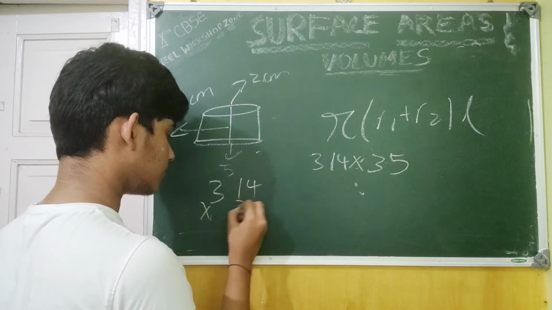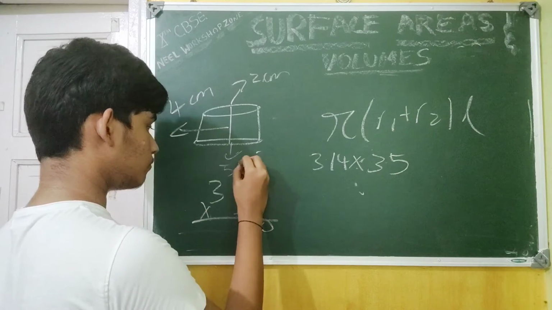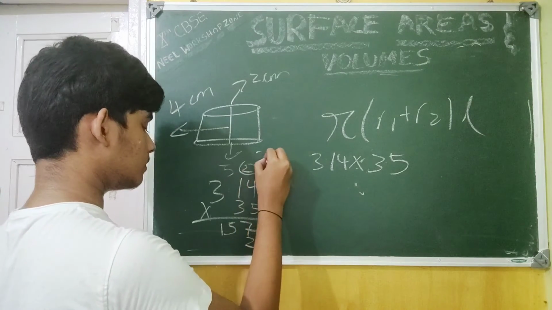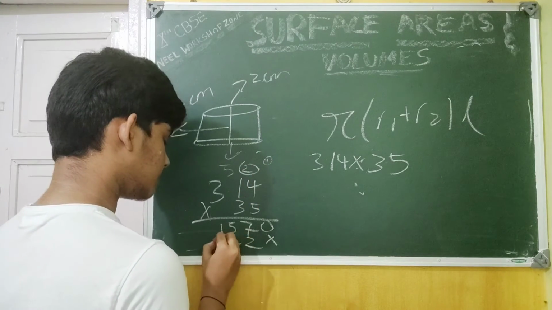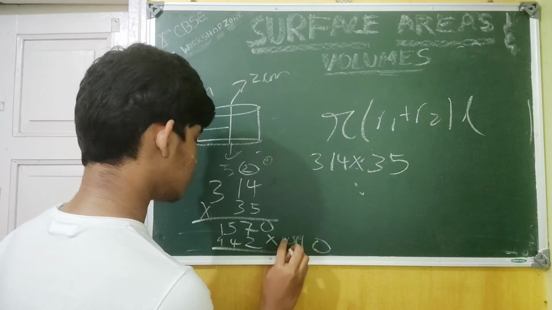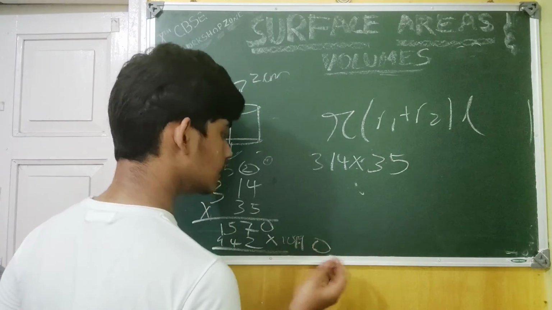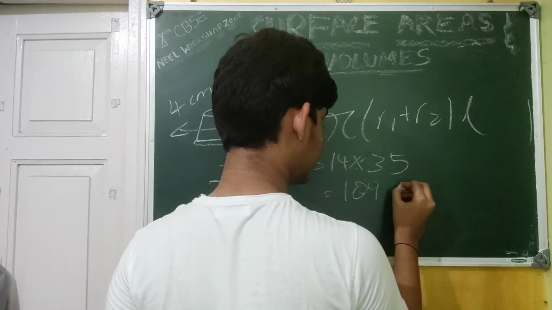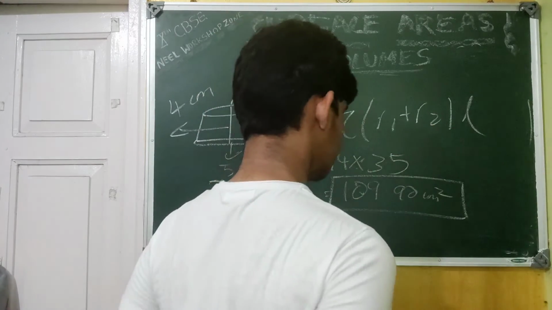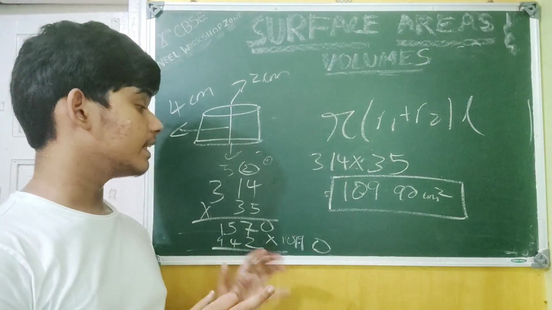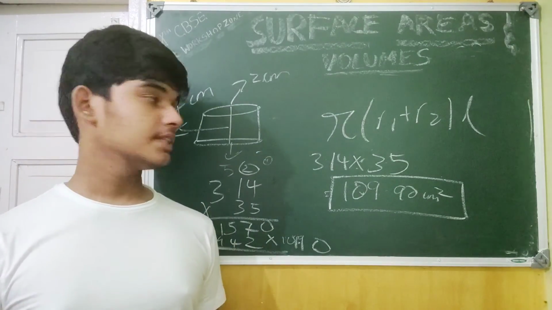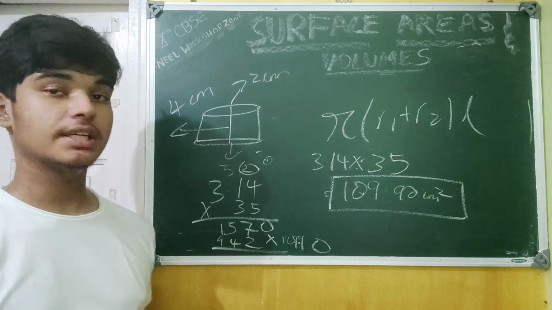The answer is 109.90 centimeters square. So this is the formula for finding out the curved surface area of a frustum. So this is how we find out the curved surface area and the total surface area of a frustum.